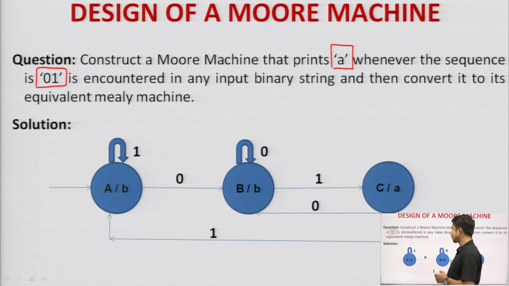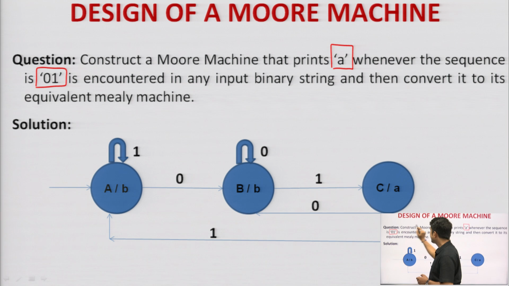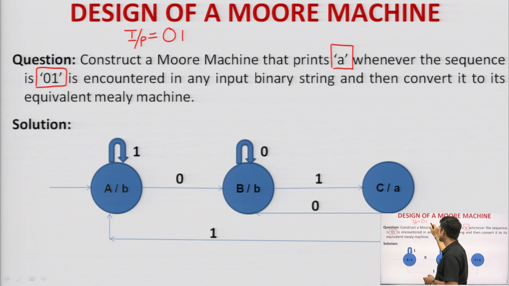I can help you out with one more thing: whenever the sequence is 0 1, that means the input is 0 1, then the output should be A.